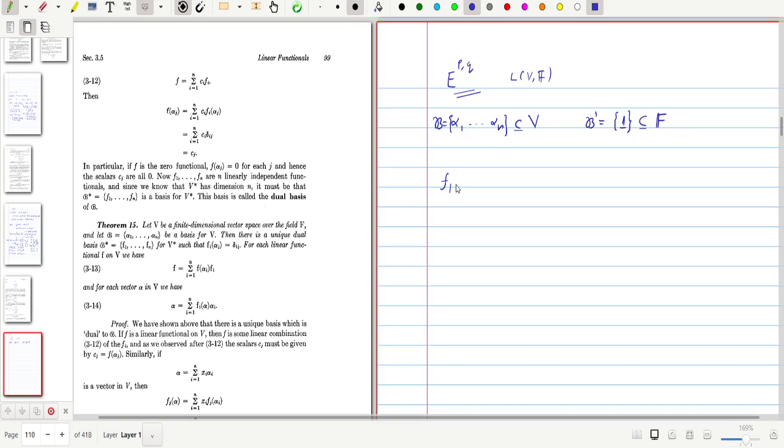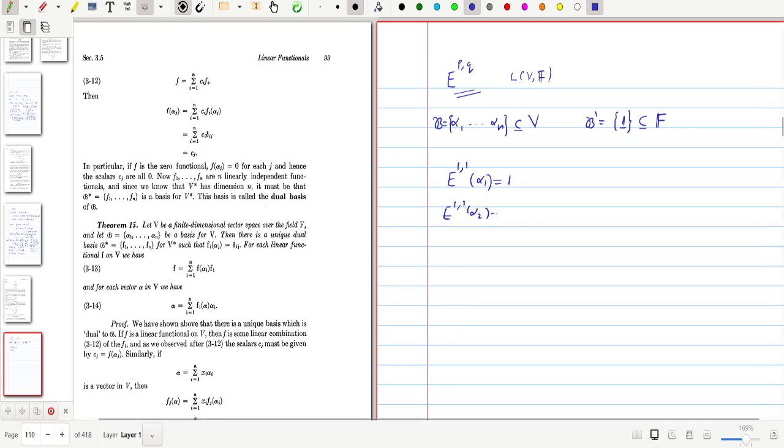So we define E_11 of alpha 1 is equal to 1, and E_11 of alpha 2 is equal to 0, up to E_11 of alpha n equal to 0.